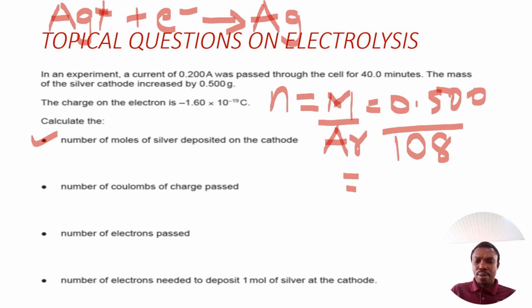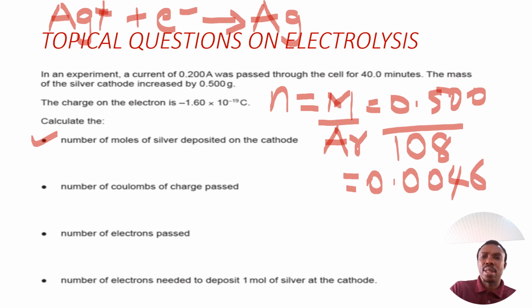So you have 0.00463, approximately, 0.00463 moles. So this is the number of moles of silver deposited on the cathode.